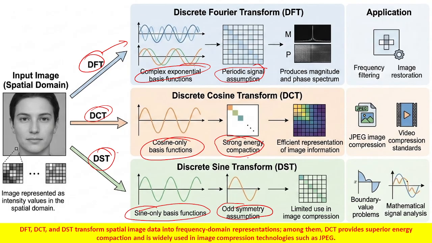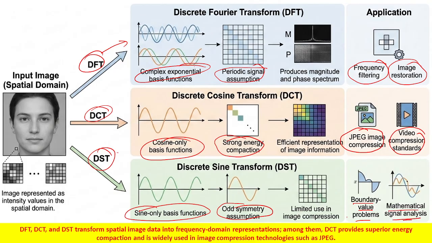DFT is primarily used in frequency domain filtering and image resolution applications. DCT is primarily used in JPEG image compression and video compression standards. And DST we use for boundary value problem solutions and mathematical signal analysis.